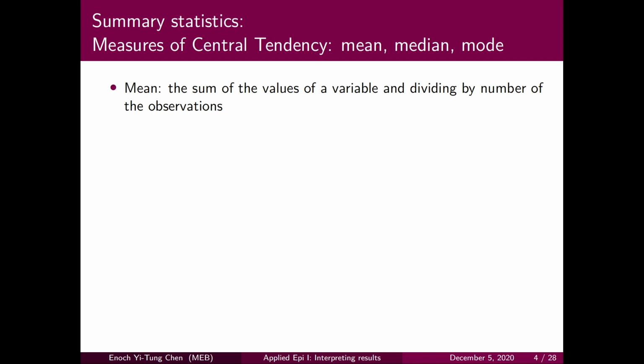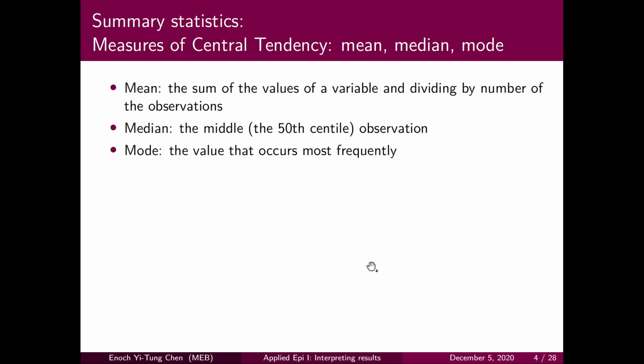First, it's about measures of central tendency: mean, median, and mode. Mean is the average of the values, the sum of the values of a variable divided by the number of observations. Median is the 50th centile of the observations.